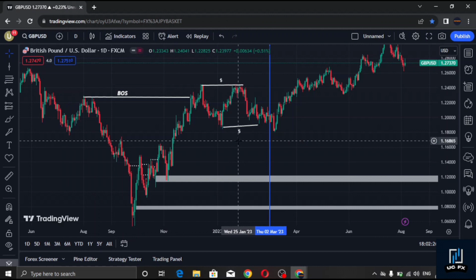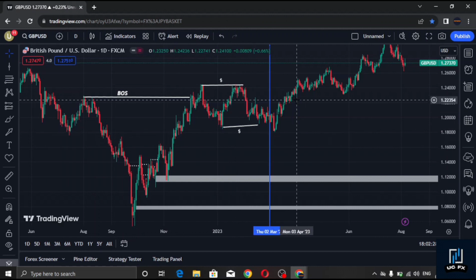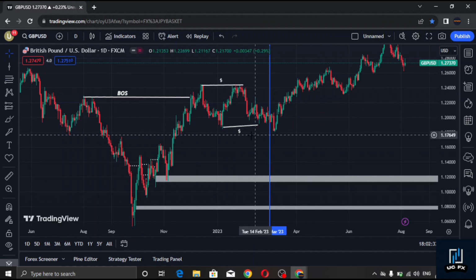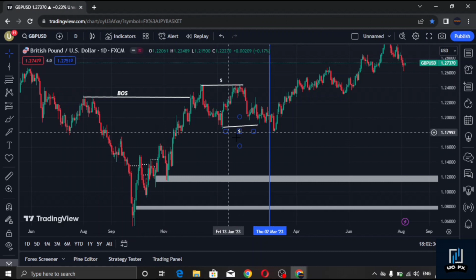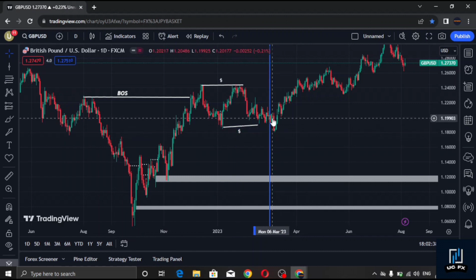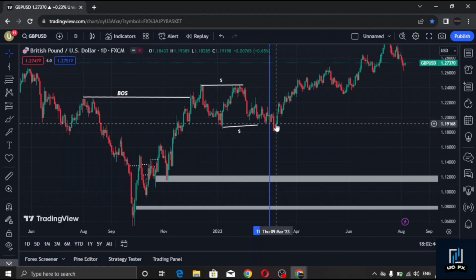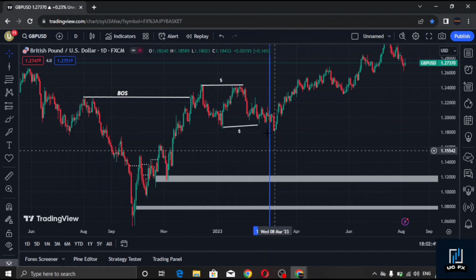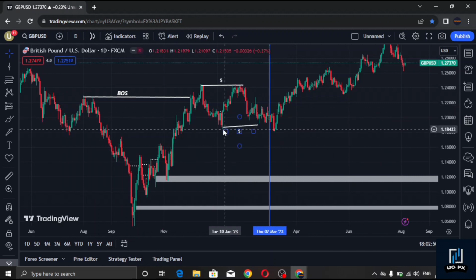So how can we relate this to what happened in the future on this chart? Looking at these two lows, the market took out the sell side liquidity first. As it took out the sell side liquidity, most traders started entering a sell position, thinking that the market will start reversing from this point, not knowing this is actually an inducive move.